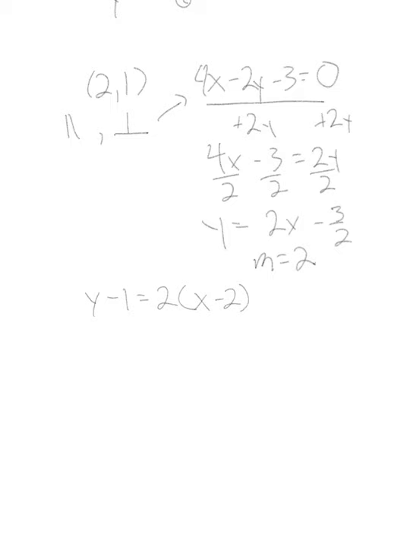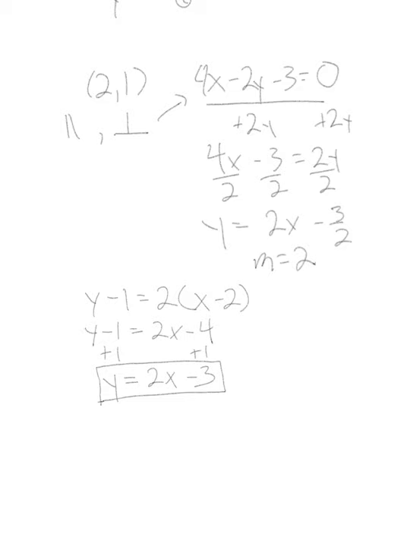This would be point-slope form. We want to write it in y equals mx plus b, so we'll just move the numbers around. So it becomes 2x minus 4, add 1 to both sides, then y equals 2x minus 3. So this is the parallel line crossing through the point (2, 1). Now we want the perpendicular line.